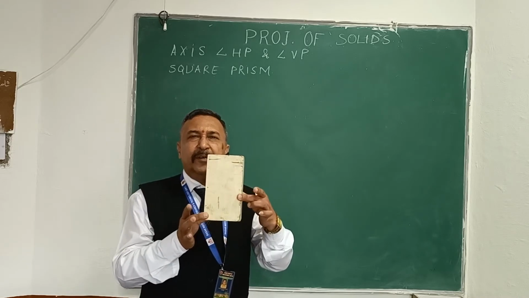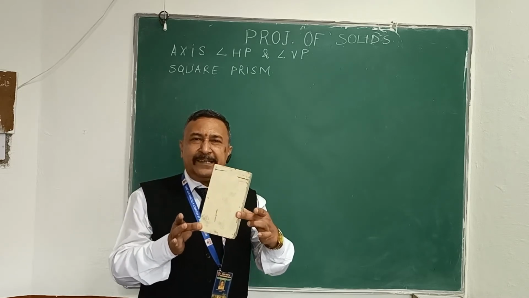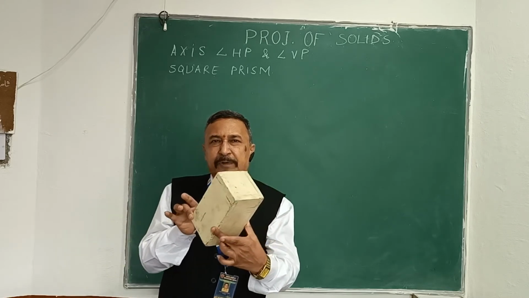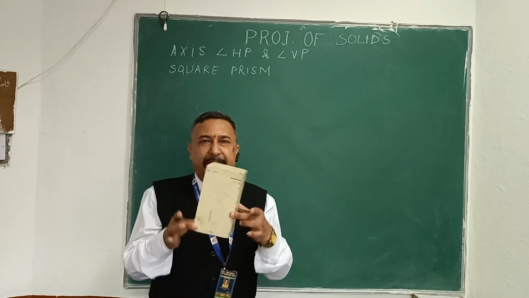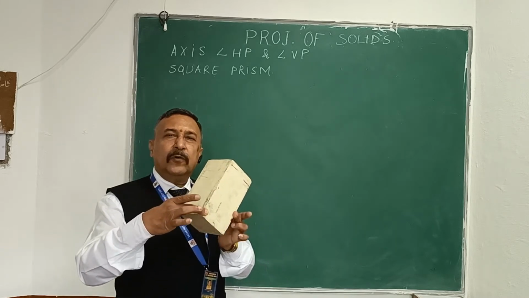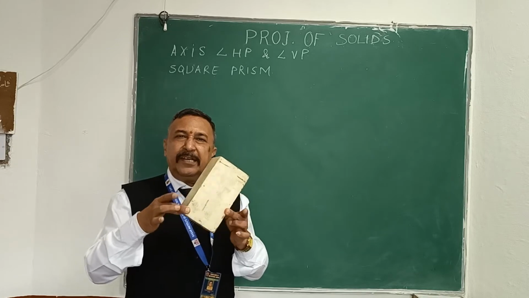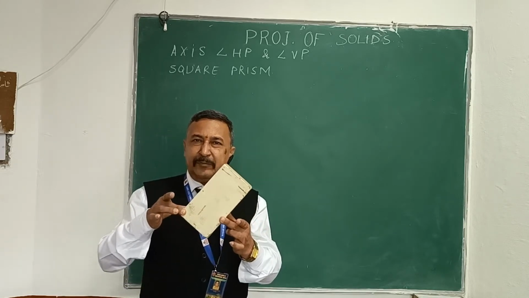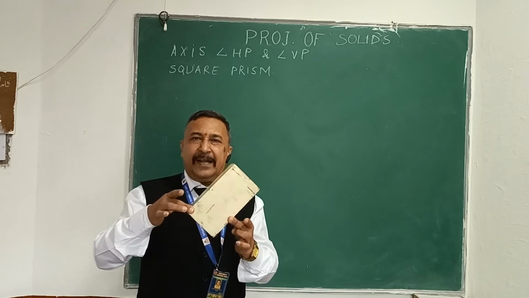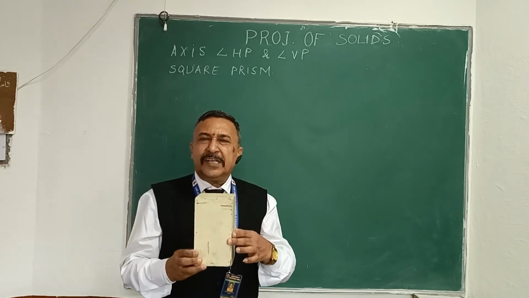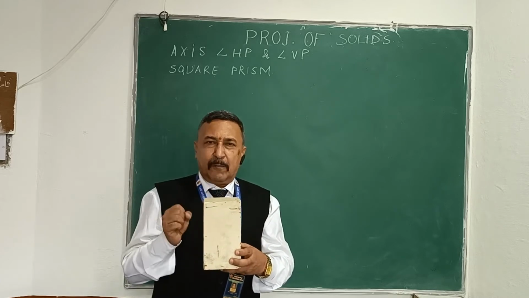Now this is a position that axis is inclined to HP and axis is inclined to VP. Means if we rotate in both directions, like this in vertical plane and like this in horizontal plane. So how is the position given?